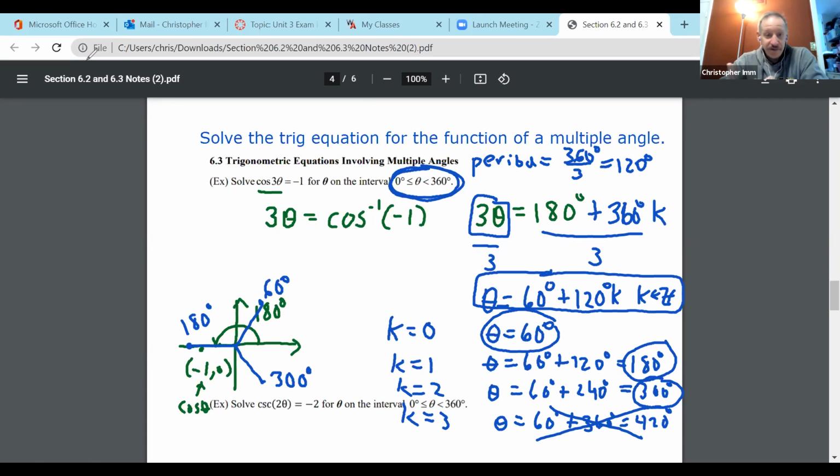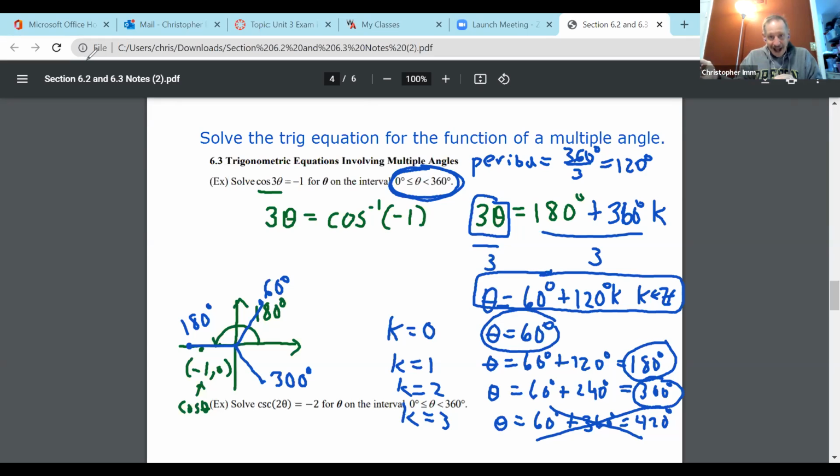So if we have a triple angle, we would triple the number of solutions for our single angle there. If we had a quadruple angle, we would quadruple the number of solutions there. But that's sort of the idea. So we solve for the trig function first. We use our unit circle, our special trig values, or the calculator if they're not special, to find all the angles on 0 to 2 pi, so the natural period.